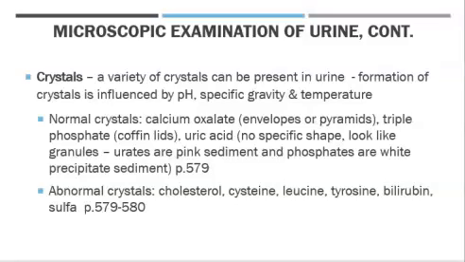The varieties of crystals present in urine can be normal or abnormal. Abnormal crystals are crystals like cholesterol, leucine, tyrosine, bilirubin, things like that. Normal crystals are like the calcium oxalate crystals that look like little diamonds.